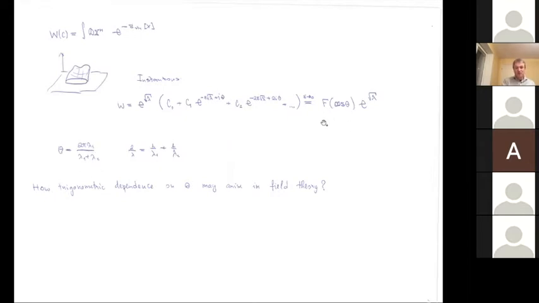So what this result tells us is that the dependence on this ratio should be trigonometric. And it's unclear how that may arise in field theory. So the motivation for the calculations that I'll present later would be to actually understand how it may arise in field theory. And I will actually be able to compute this function exactly, but not from string theory, rather starting with the path integral of the super Yang-Mills.